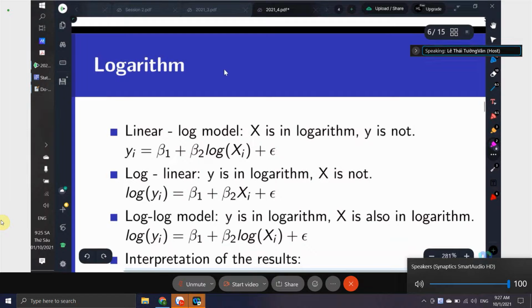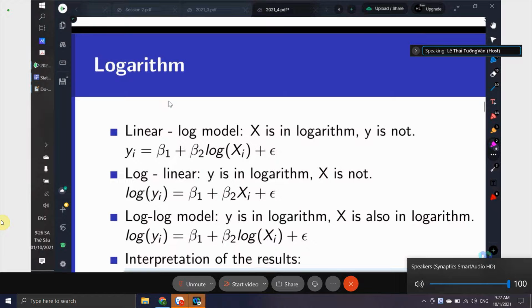Now, ladies and gentlemen, I think you must have noticed in the last sessions, when we replicated the empirical results from other papers, you often see that people take the log. You have the log of the wages and salary.